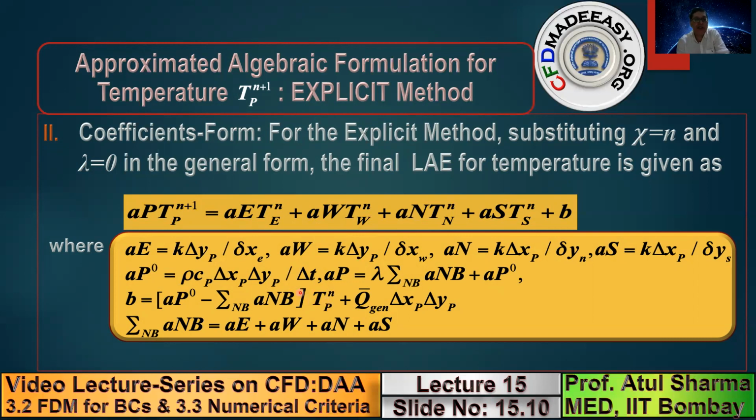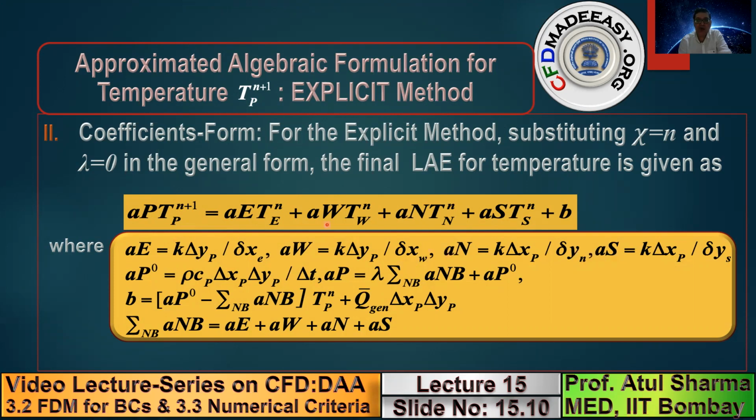Now, if you see the expressions for AE, AW, and so on: while doing grid generation, let us suppose we ensure that all these geometrical parameters are positive. All of you know that the coefficient of thermal conductivity is always positive. So if we ensure that all the geometrical parameters are positive, and K is also positive, then AE is positive, AW is positive, AN is positive, and AS is positive.